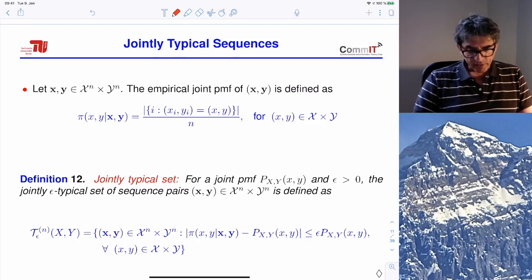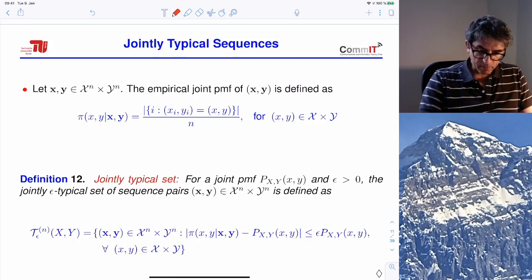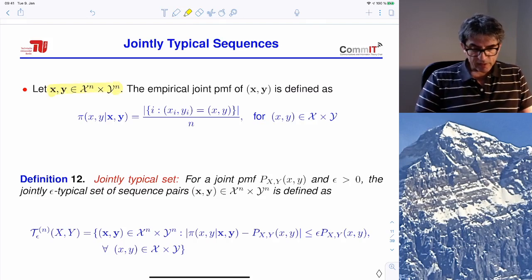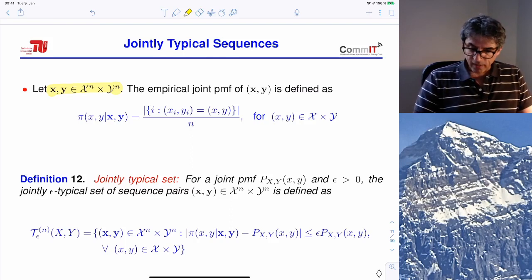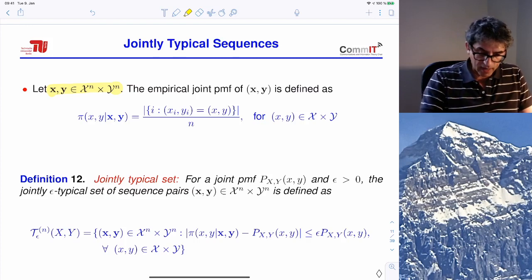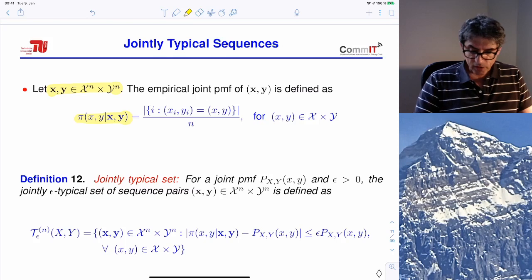jointly typical sequences. So now we consider pairs of sequences, x and y, on this Cartesian product alphabet. So this is all the pairs of sequences where x is over the alphabet X and y is over the alphabet Y. And we can define the joint empirical distribution as simply the set of empirical frequencies for every pair of letters xy.